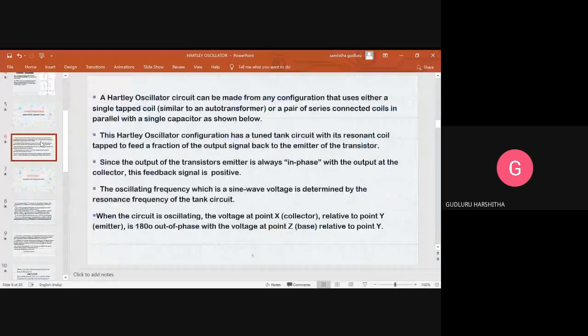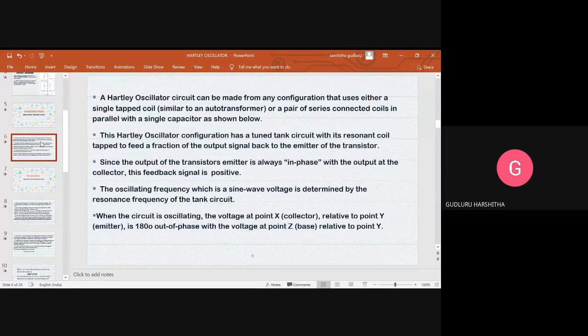A Hartley oscillator can be made from any configuration that uses either a single tapped coil or a pair of series connected coils in parallel with a single capacitor as shown above. This Hartley oscillator configuration has a tuned tank circuit with its resonant coil tapped to feed a fraction of the output signal back to the emitter of the transistor.